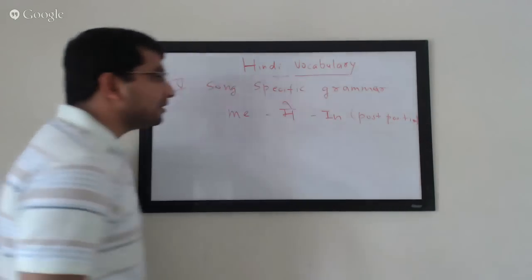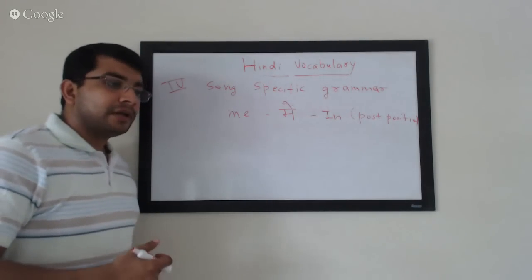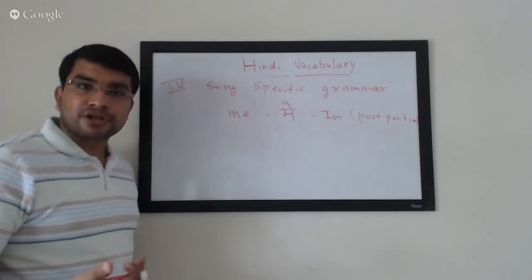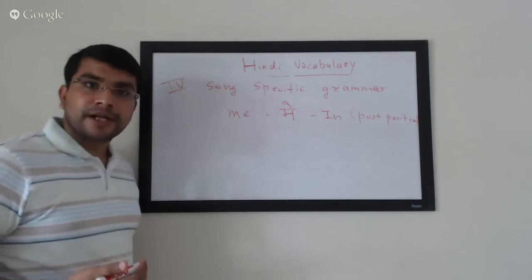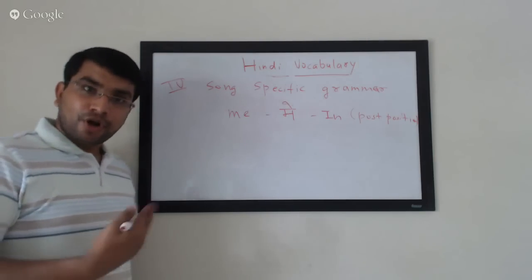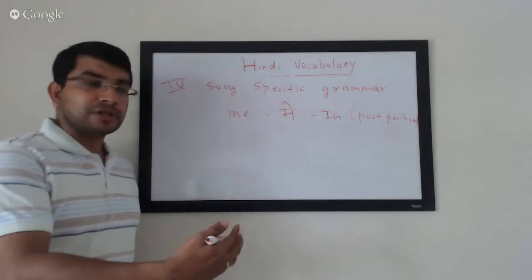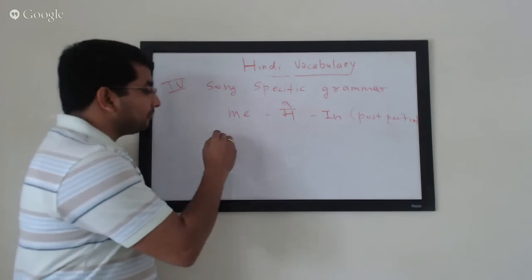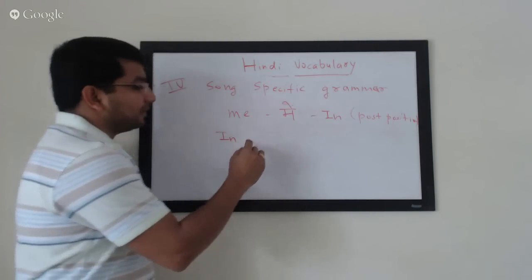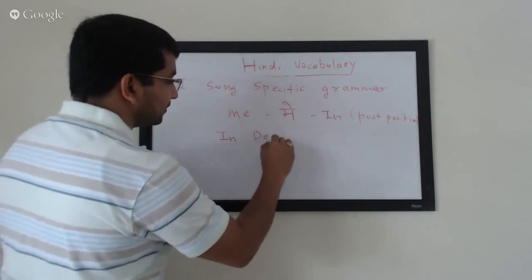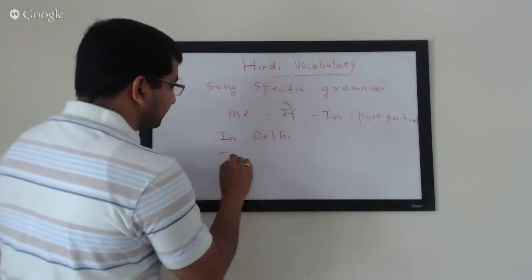As I have covered in the earlier classes, Hindi uses a different sentence structure than English. In English, you have a preposition. However, in Hindi, you have a postposition. In English, you'll have in Delhi or in Poland.